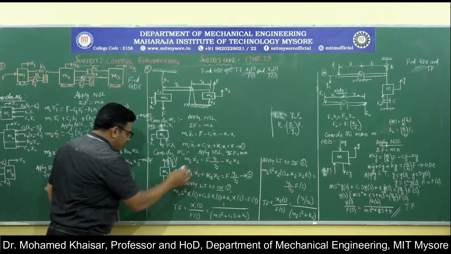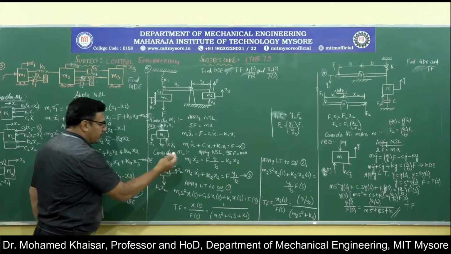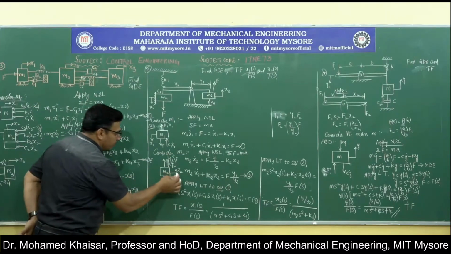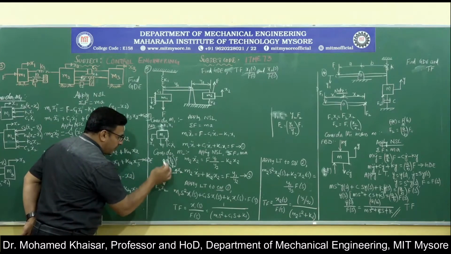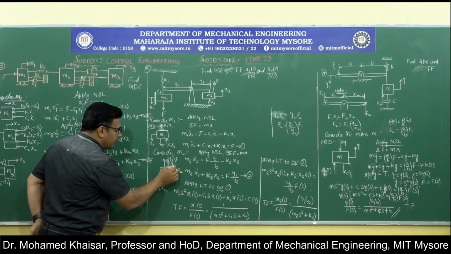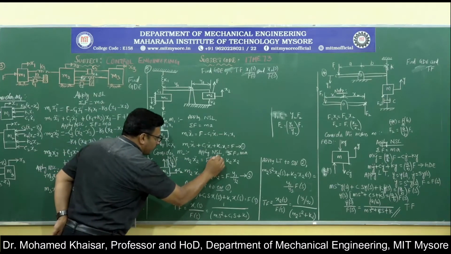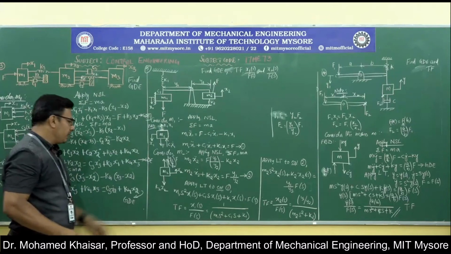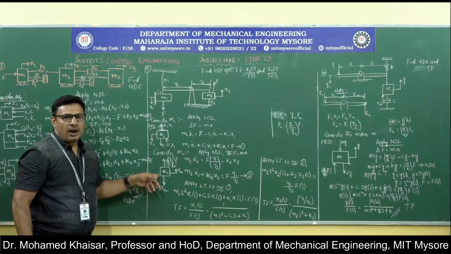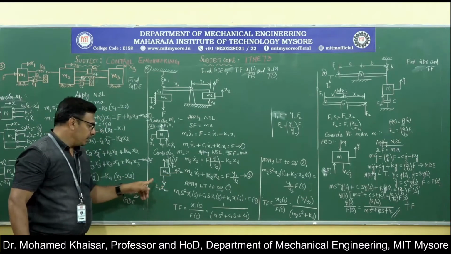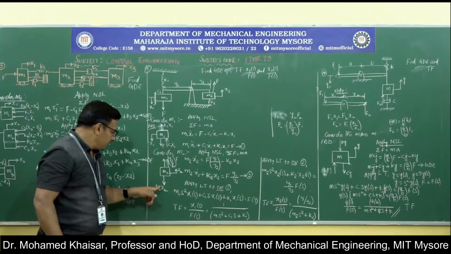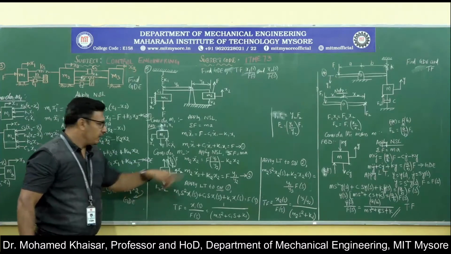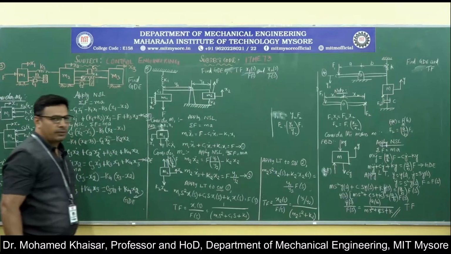This is equal to whatever is acting in the direction of displacement with the positive sign. So, in the direction of displacement, what force is acting? It is y1 by y2 into F. Then, whatever is acting in the opposite direction of displacement, that should be with the negative sign. So, K2 x2 is in the opposite direction. So, minus K2 x2.